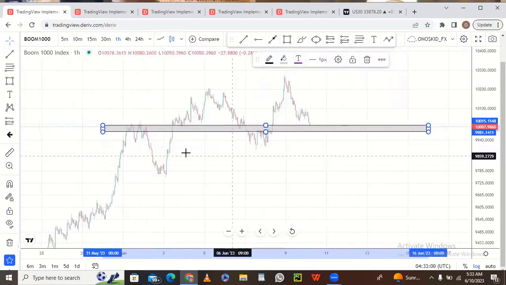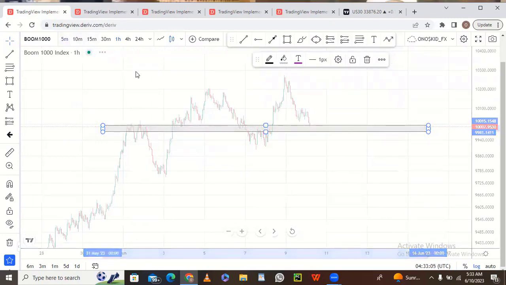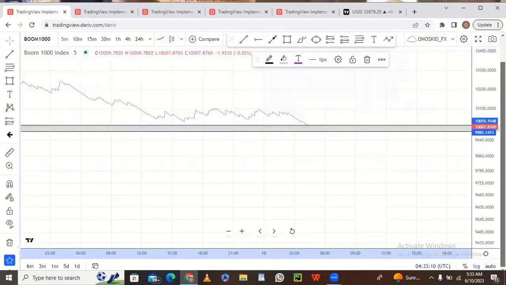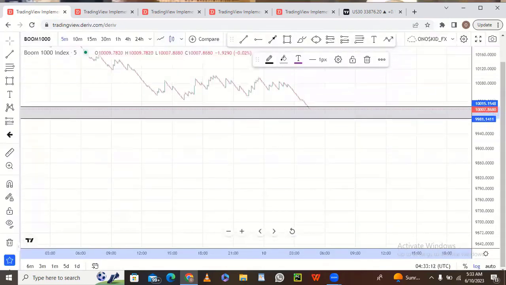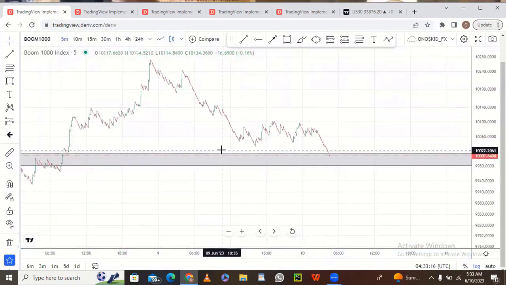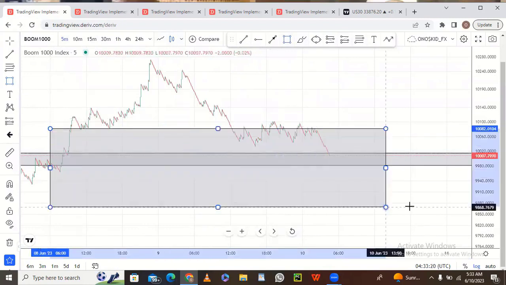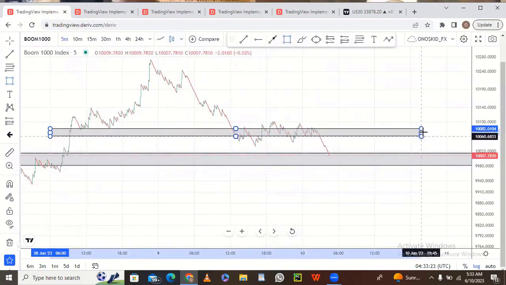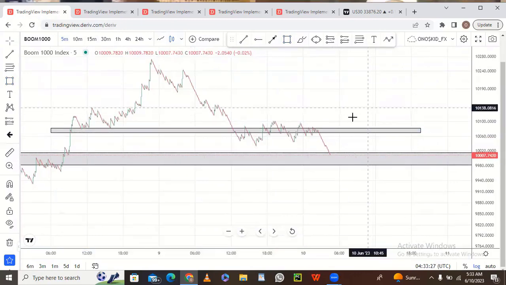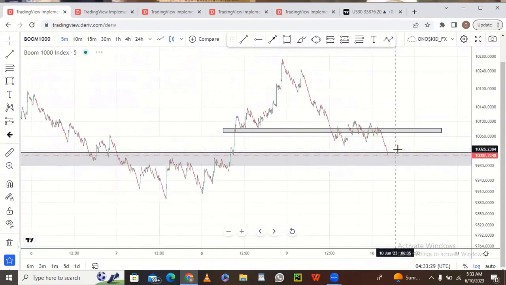So we can actually come down to as low as 5 minutes to see how we can enter. You can see that as you're coming down, you see how the candles have been forming. When you look at this place, chances are that the market might, at one point in time, find its way back to this particular arena for a retest.